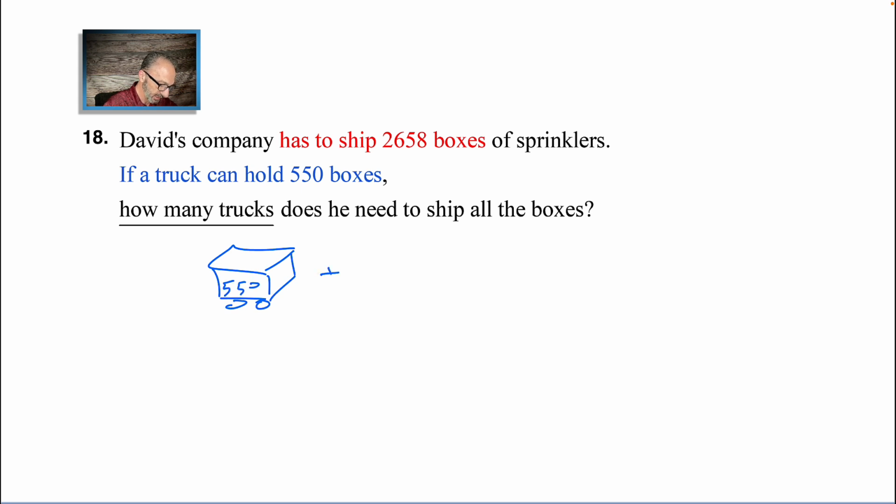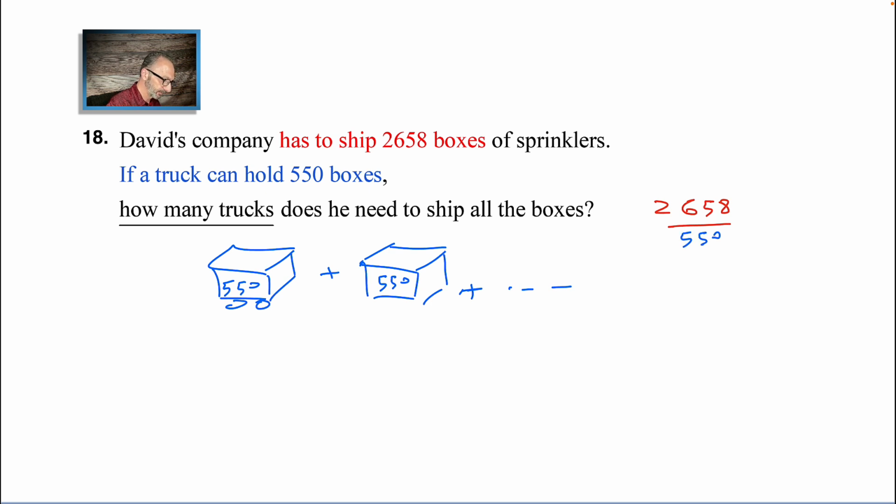And I'm going to add another truck, but that's not enough. So let's see if you keep doing this, that's by trial and error to see how many boxes. But to do it in less time, we're going to divide 2658 by 550 to see how many 550s are in it.